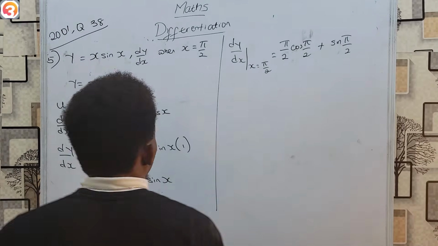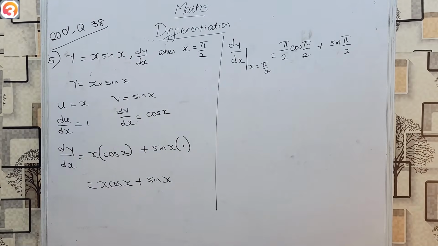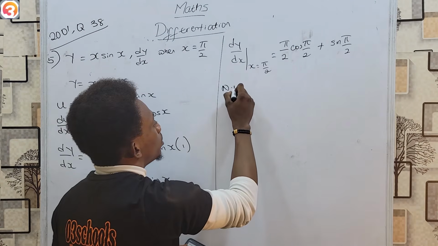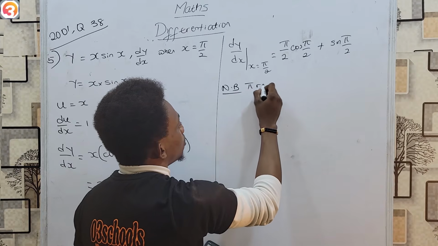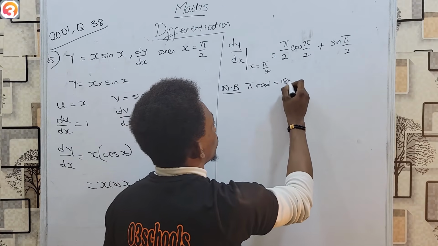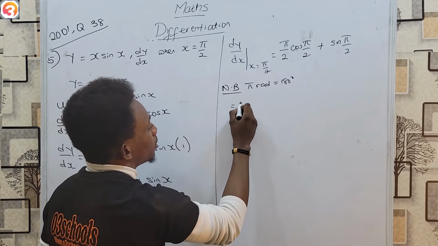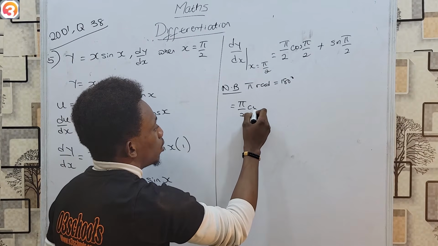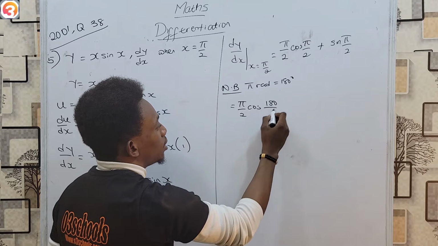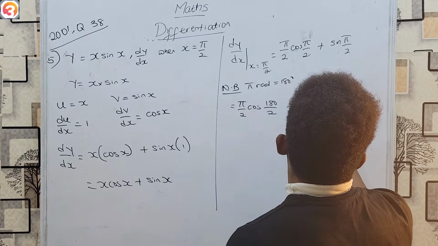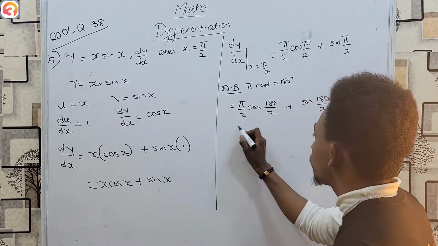Now please note, in this case, the pi is being given to us in radians. And pi in radians, you should know from trigonometry, equals 180 degrees. So in reality, what I'm having is pi over 2 cos 180 degrees over 2 plus sine of 180 degrees over 2.